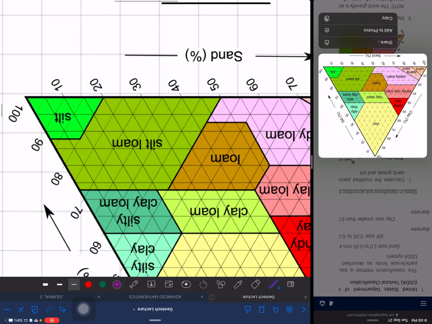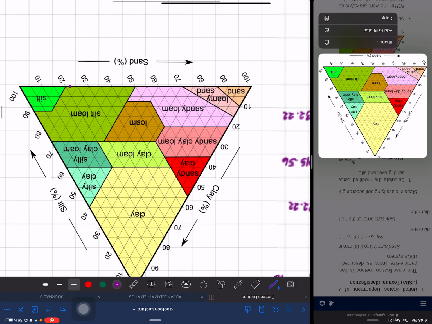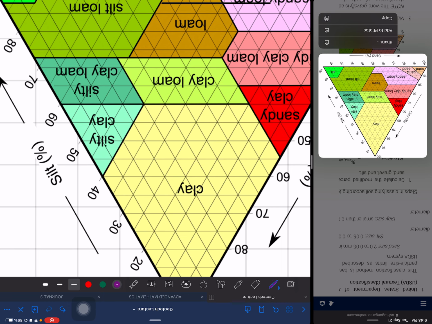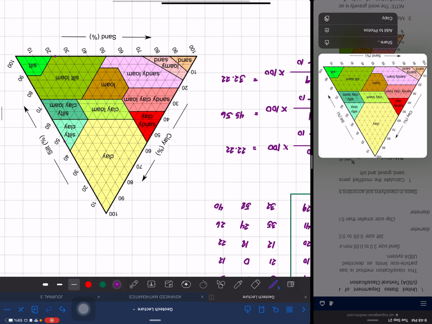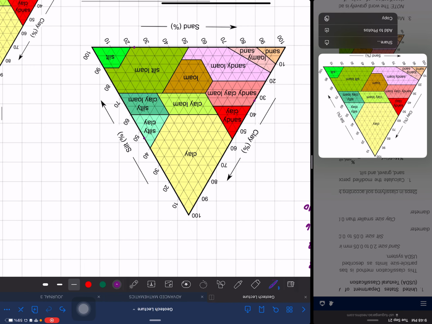I think it is somewhere here. Next is yung silt, which is 45.56, so I think nandito yan. And then the clay is 32.22. Maybe nandito siya. Okay, so let's plot this na.